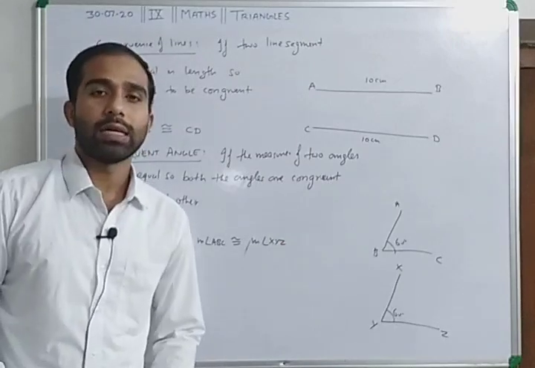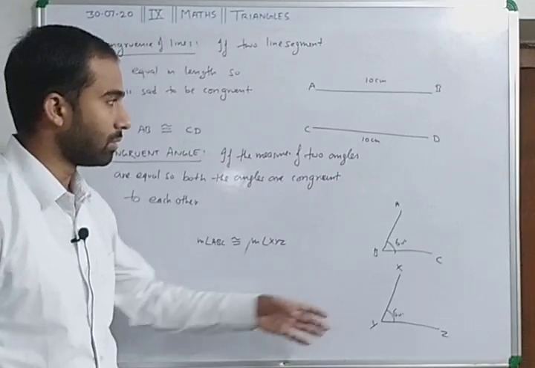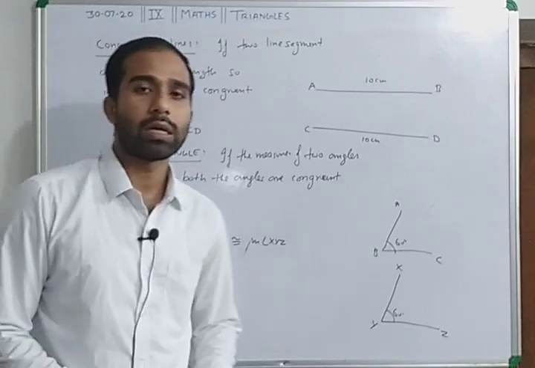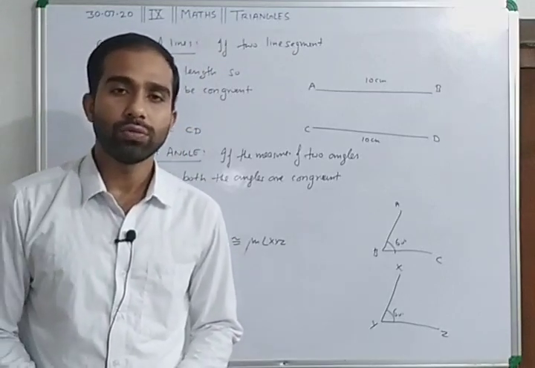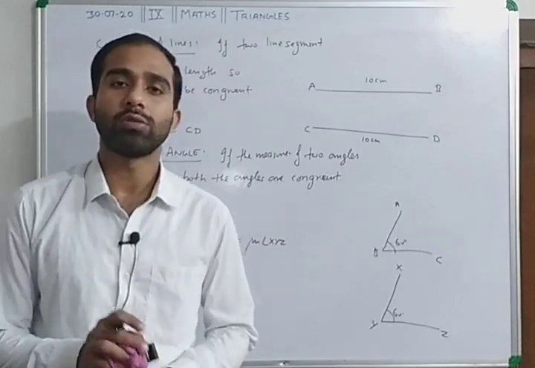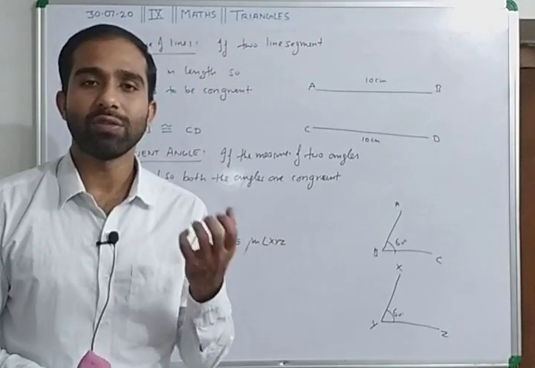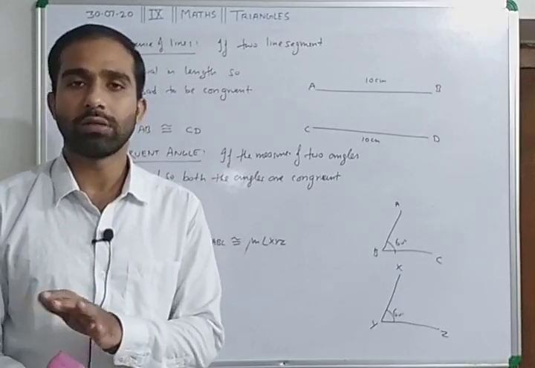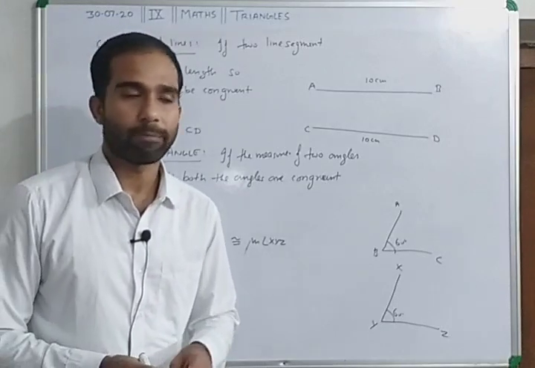So like this we can compare any two figures by the measurement, by the length and by other properties. So again I want to repeat the meaning of congruency. From two geometrical figures, if one of them is superposed on another, so both are congruent. Superposed means what? It means one figure completely covers the other figure and the other also completely covers the first figure, so both the figures are congruent.